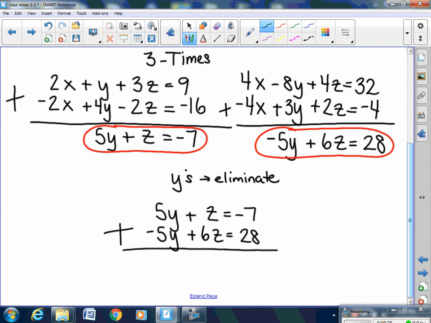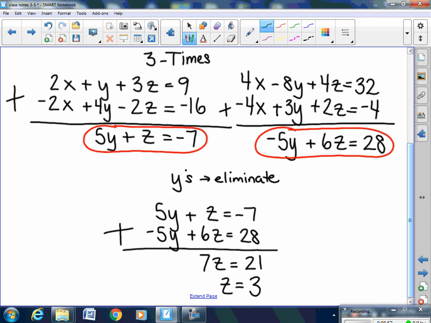I just put the two red ones that we did by eliminating the x's on top of each other, and as you can see, the y's cancel out. You have 6z plus 1z gives me 7z equals 28, take away 7 is 21. So z in this problem equals 3.